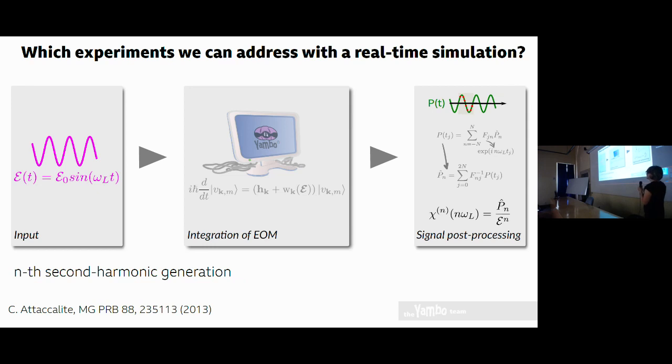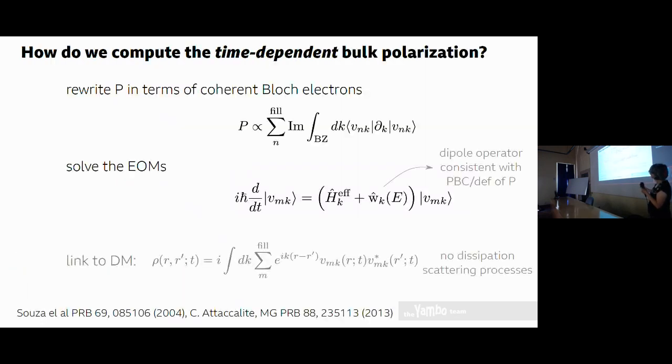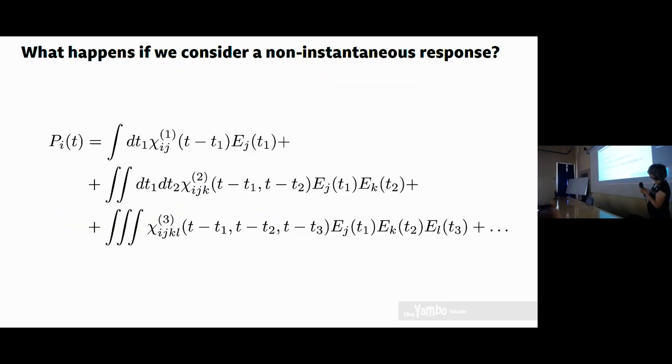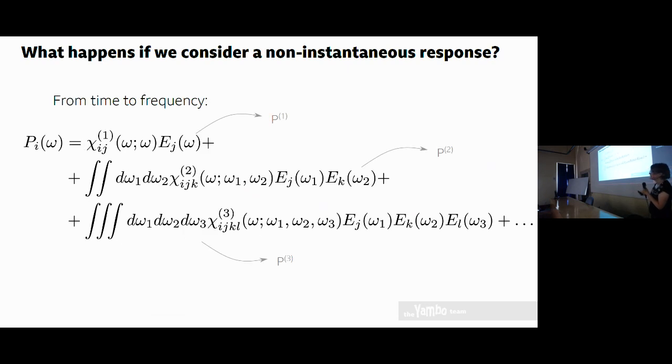The monochromatic field is very easy to work with. If you change the field, you would have to deconvolute the effect of the field envelope on the signal you are computing. The delta kick has the big beauty that it doesn't produce any convolution because it's flat in Fourier space. So unless you are obliged to do otherwise, it's better to use a delta kick because you don't have a convolution by the envelope of the perturbation.